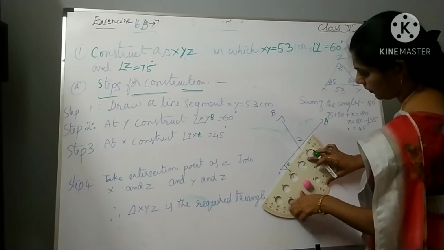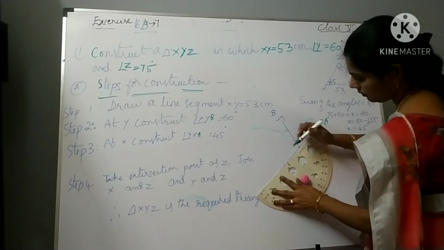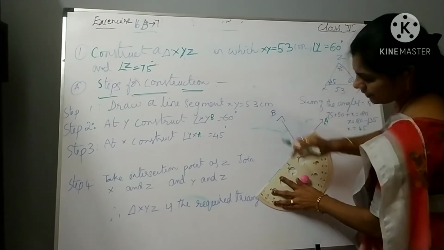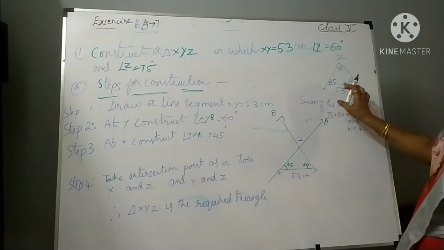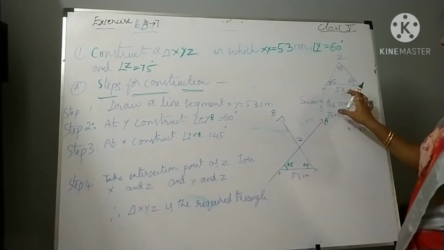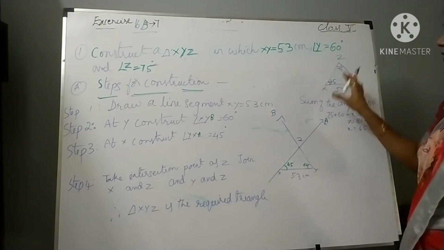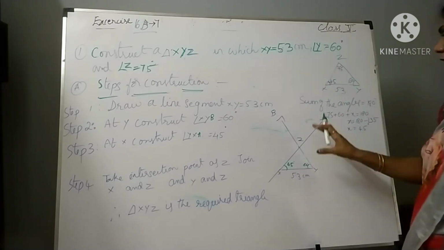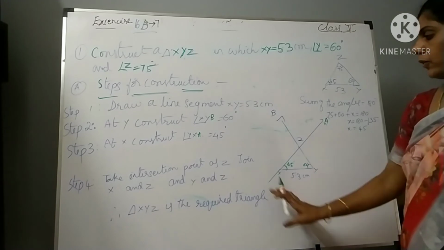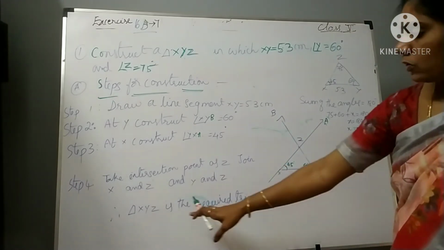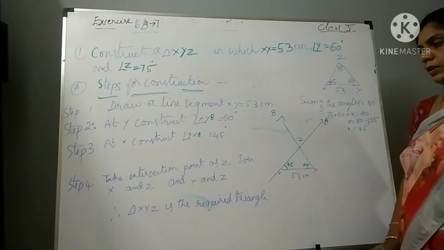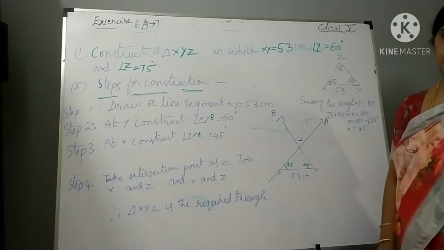Yes, exactly. If you extend this line, it exactly touches that point. So like that you have to construct. First, if they have given two angles, find out the third one first. After that, measure the angles. And the intersection point is your required Z. So this is your triangle XYZ. Understood? Thank you.